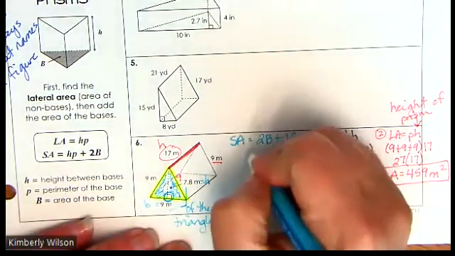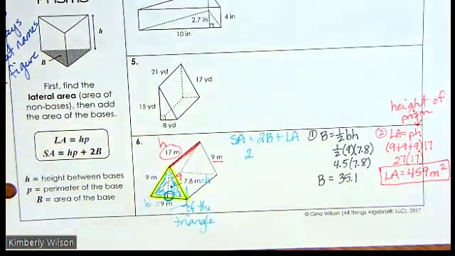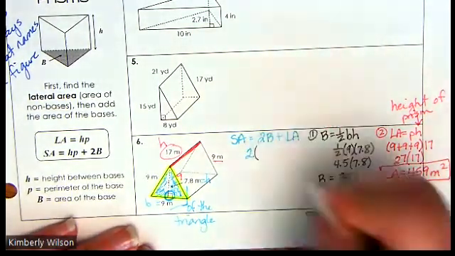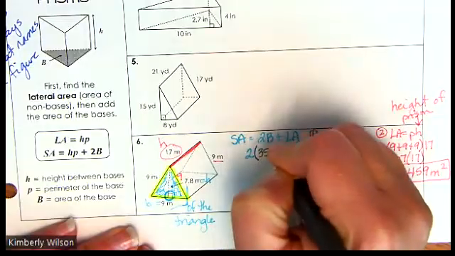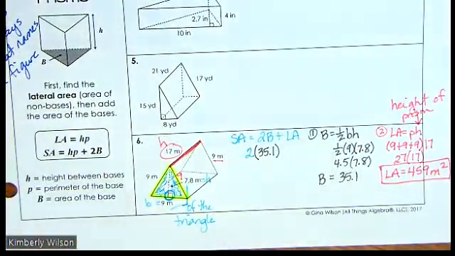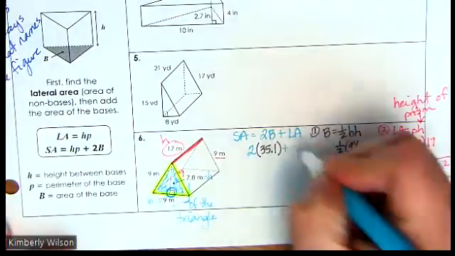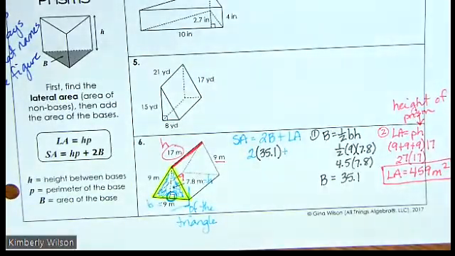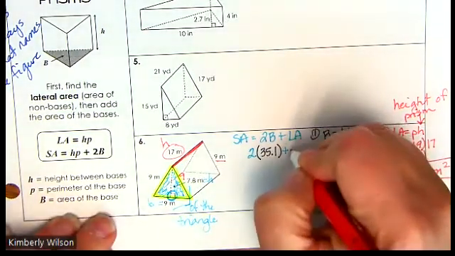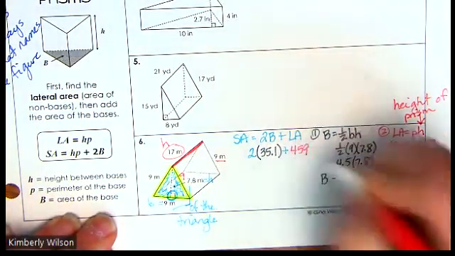So I'm going to have 2 times the area of the base, which is 35.1, plus the lateral area, which is 459.